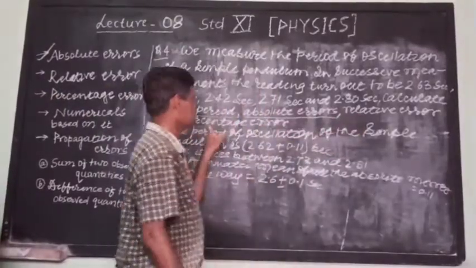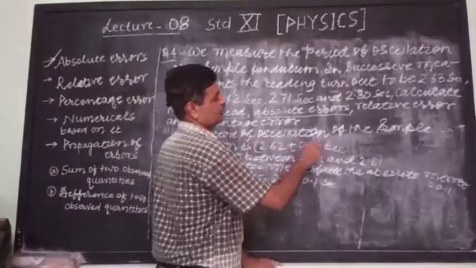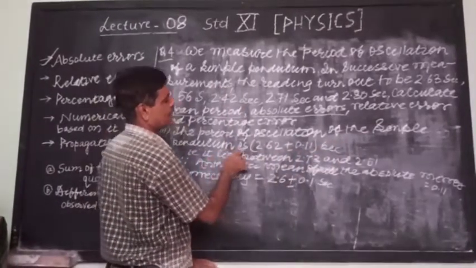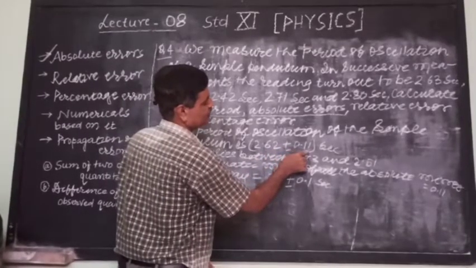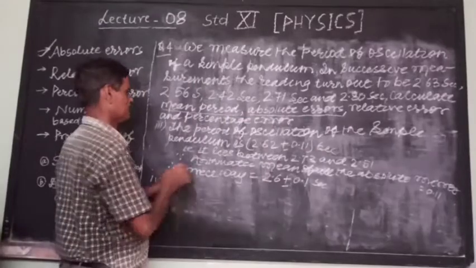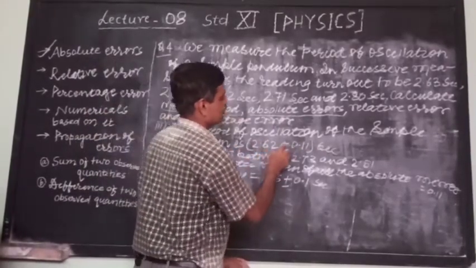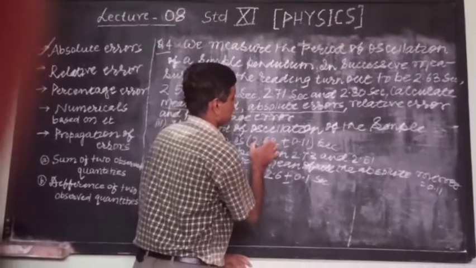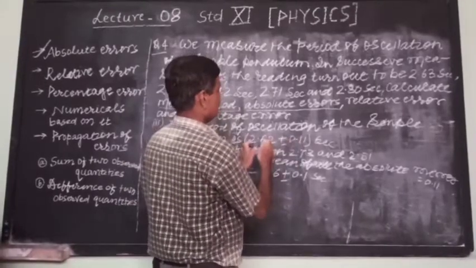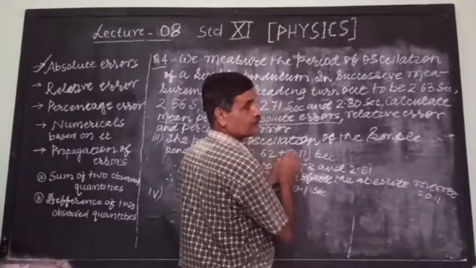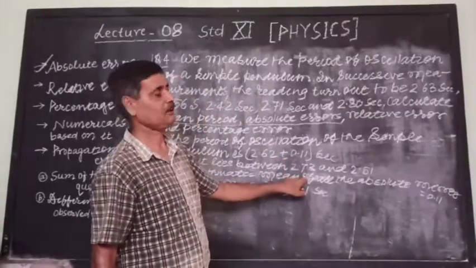Determination of the third and last item: we can write the period of oscillation of the simple pendulum as 2.62 plus minus the average 0.11 second. One value will be 2.62 plus 0.11, so it will be 2.76.